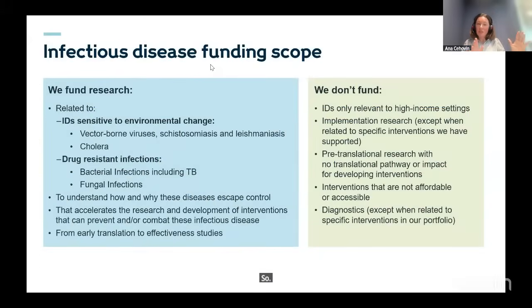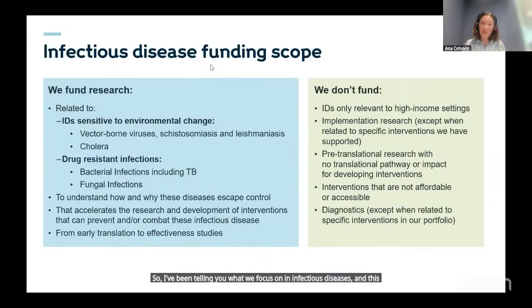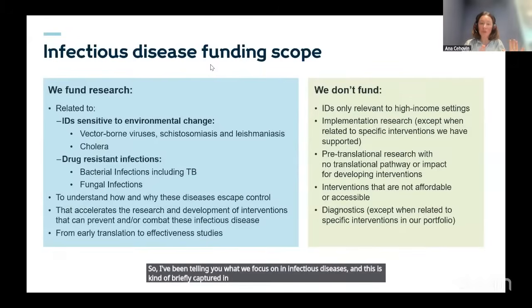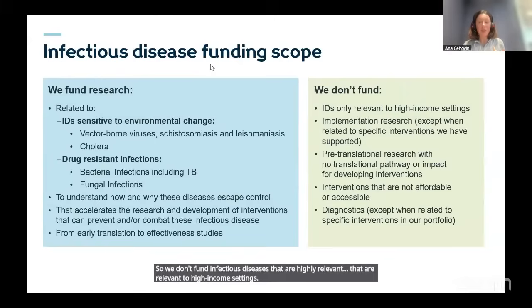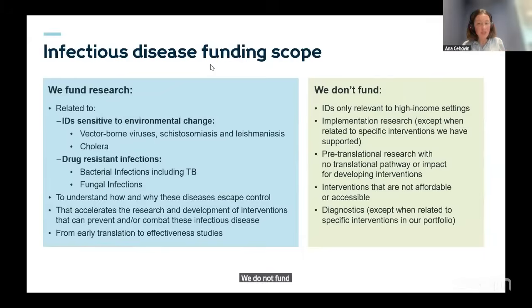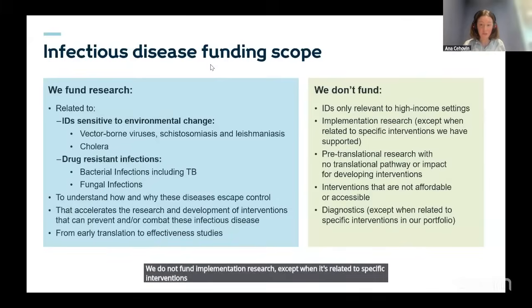So I've been telling you what we focus on in infectious diseases, and this is briefly captured in this blue square, but it's also important to understand what we don't fund. We don't fund infectious diseases that are relevant to high income settings. We do not fund implementation research, except when it's related to specific interventions that are in our portfolio.